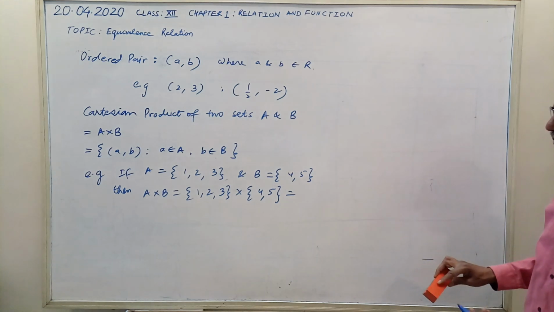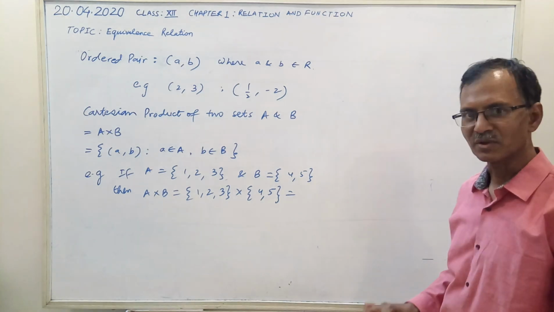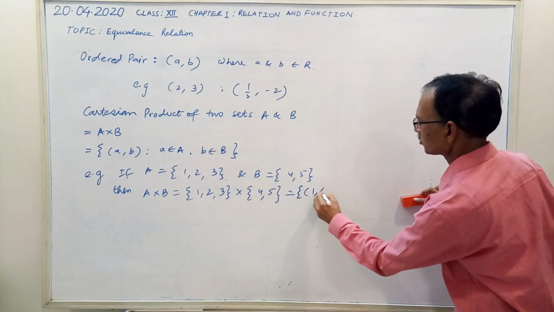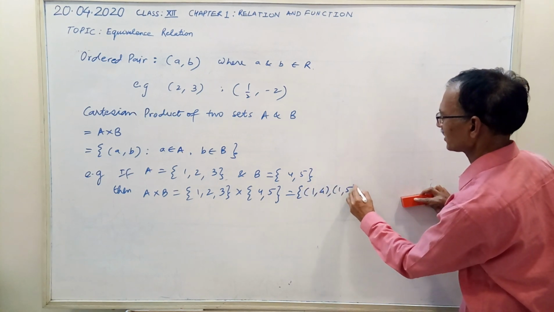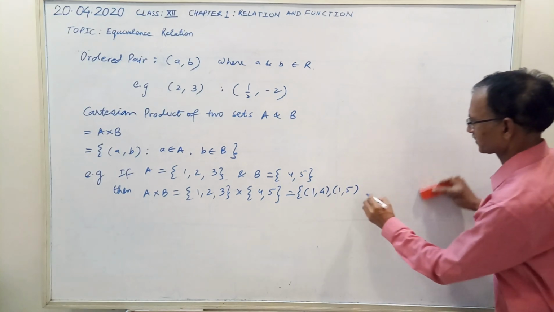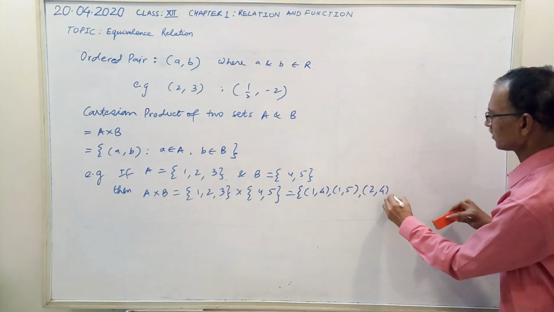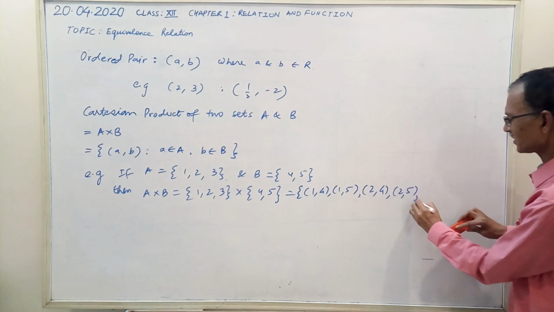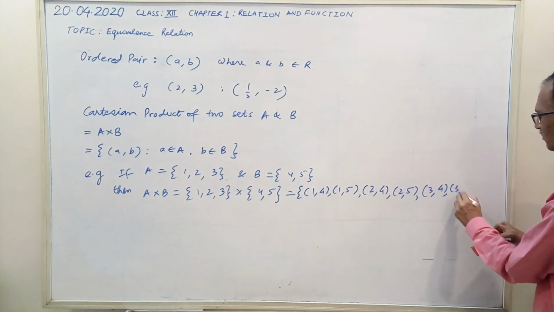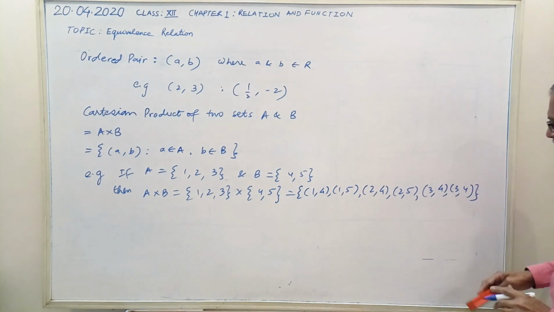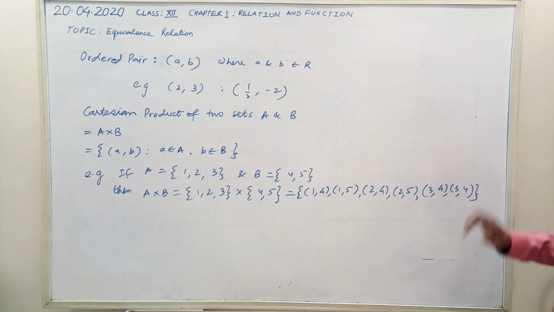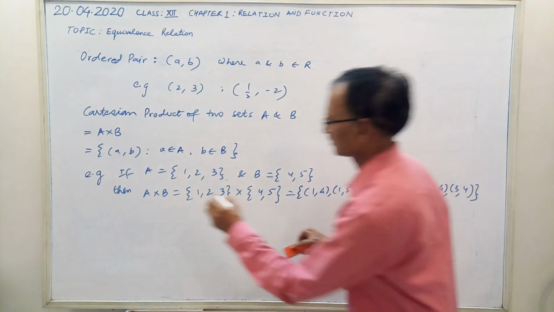The first number will be coming from A, the second number will be coming from B. So it is (1, 4), (1, 5). It is pairing of 1 with 4 and 5, the elements of the second set. Then (2, 4), (2, 5), and in the same way (3, 4), (3, 5). So you can observe here there are 1, 2, 3, 4, 5, 6 ordered pairs.